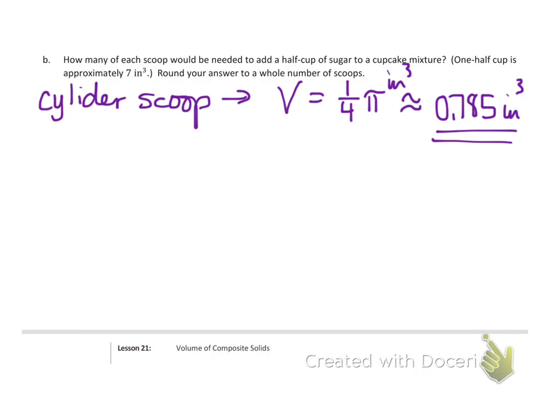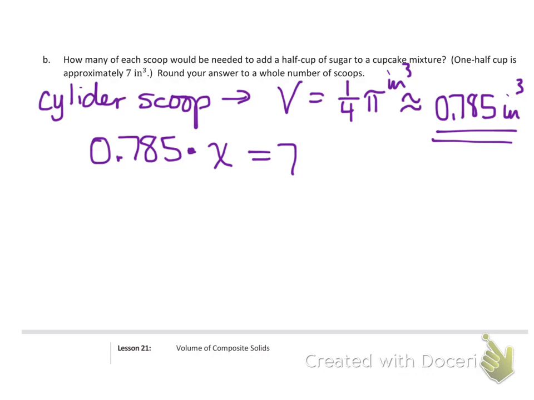So what I need to do to find out how many of those would make 7 cubic inches is I'm going to say 0.785 times some multiplier is equal to 7 cubic inches. Okay, and once I have that equation, I know what I'm to do, right?